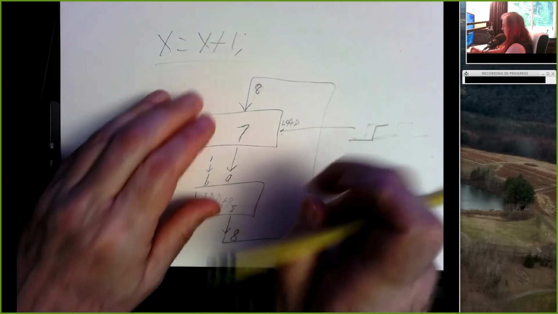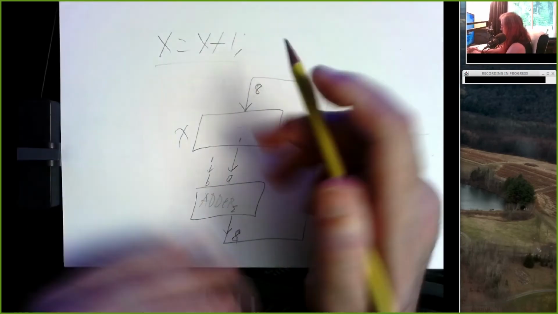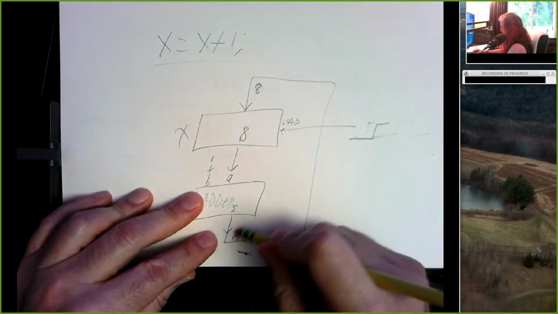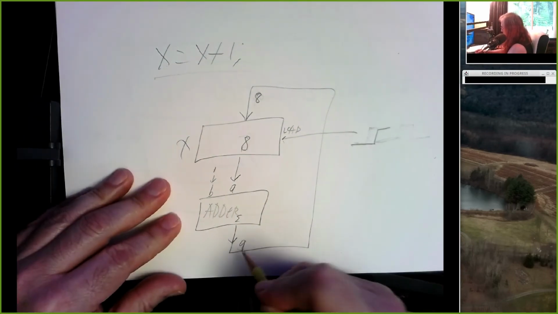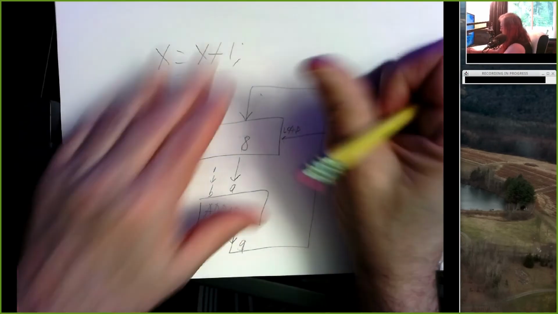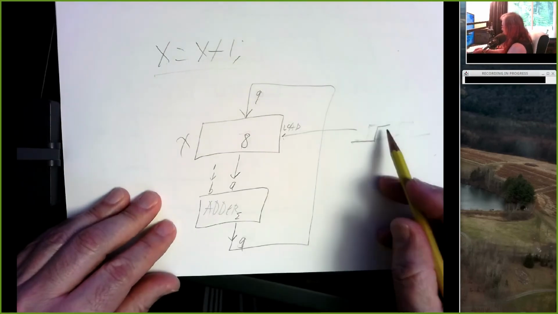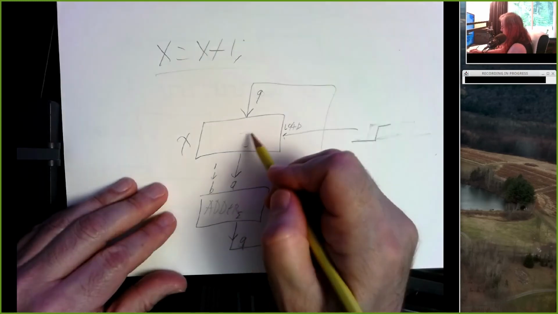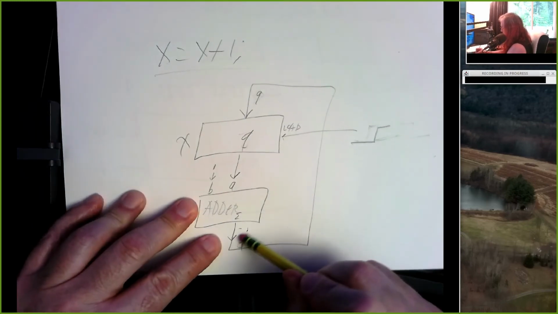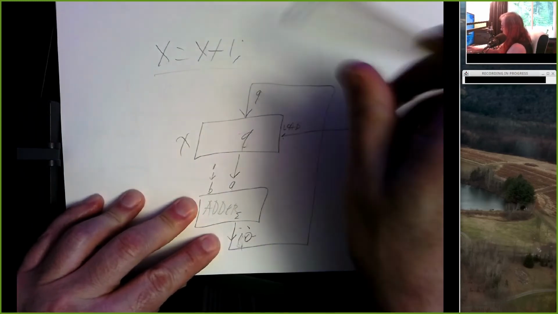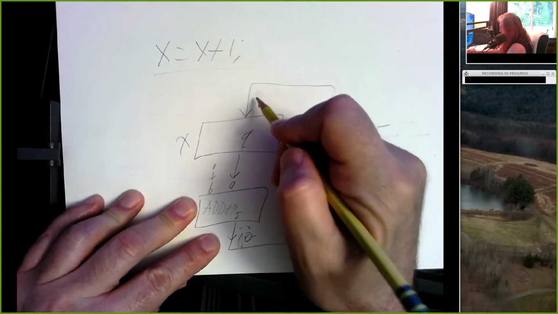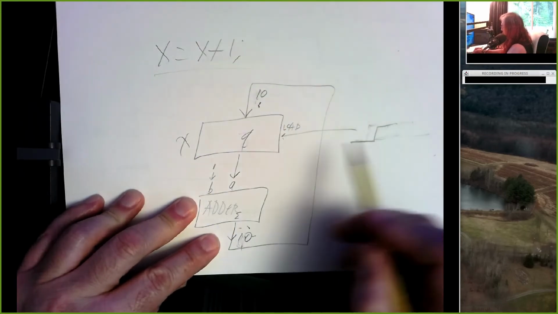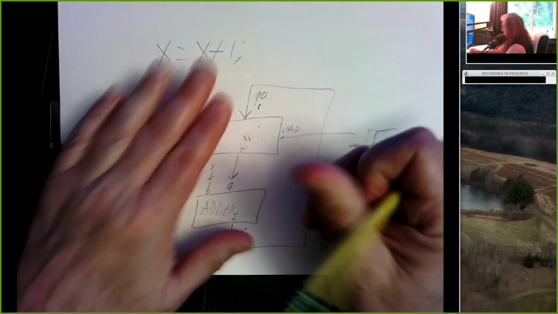The 8 gets loaded into our latch. 8 plus 1 is 9. 9 comes around to the input. Our load line is high, so 9 gets loaded into our latch, so here's a 9. 9 plus 1 is 10. 10 comes around and feeds the D inputs. Our load line is still high, so 10 gets loaded in here.